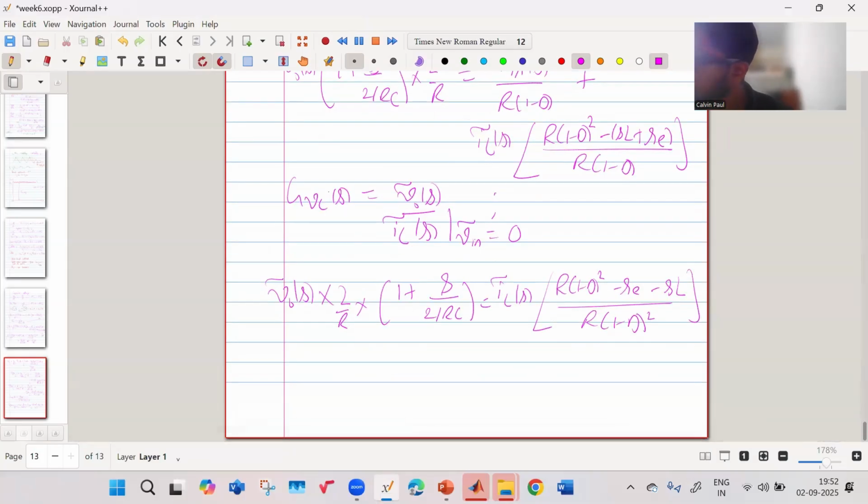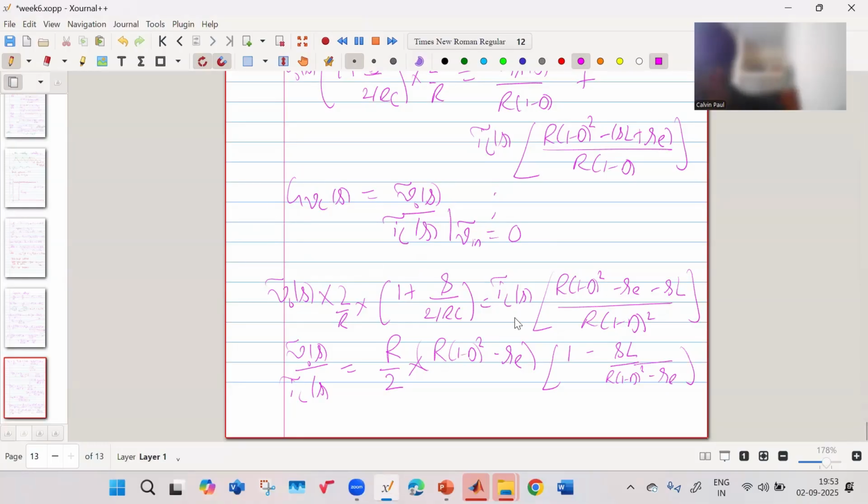So you get it as V output per turb of S by IC per turb of S, that is equal to R by 2 into R into 1 minus D the whole square minus RE into 1 minus this SL by R 1 minus D square minus RE, right?